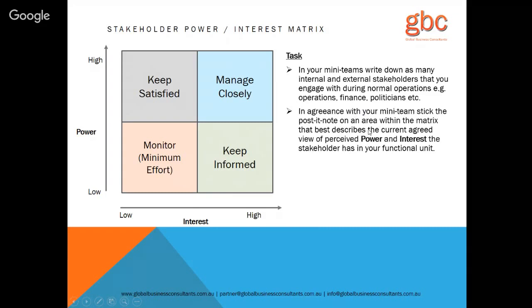This is an opportunity for the individuals to discuss at a mini team level the perceived power and interest and agree between them where on the grid they actually sit. In this part here, the post-it notes for each of the stakeholders are pasted onto where the team has decided that stakeholder sits in this grid.